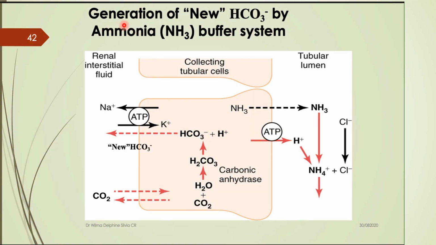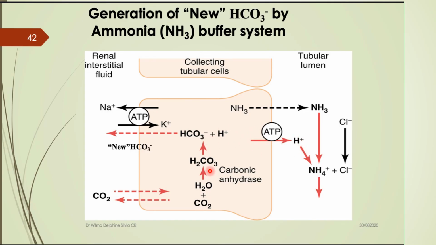Here we have the generation of new bicarbonate by the ammonia buffer system. Ammonia diffuses across the cell membrane into the tubular lumen, reacts with the hydrogen ions which are secreted from the tubular epithelial cells so that it forms the ammonium ion. So the ammonia is trapped in the form of ammonium ion. So how do you obtain these hydrogen ions?